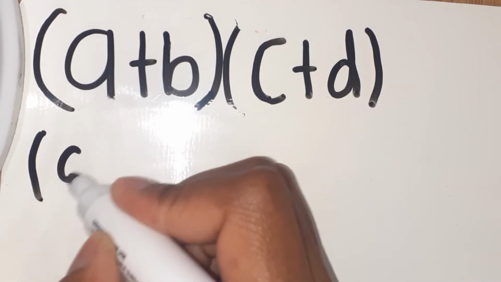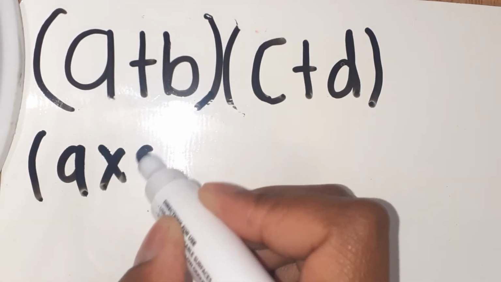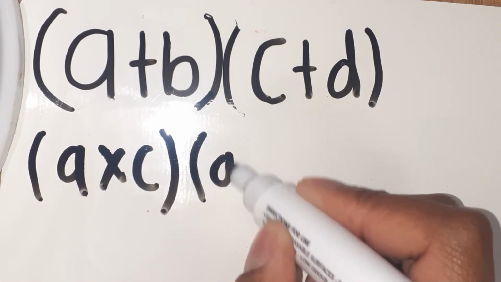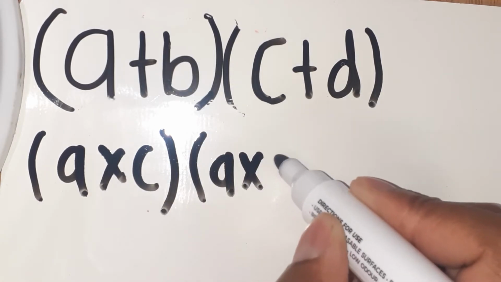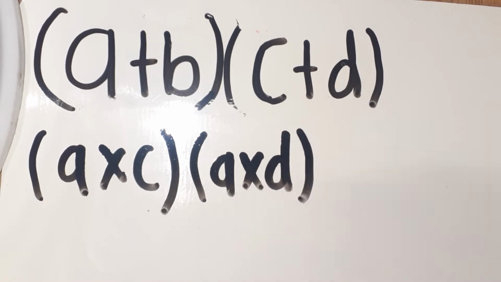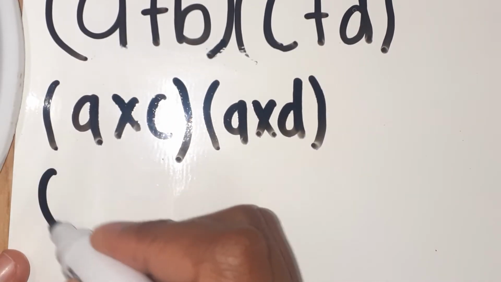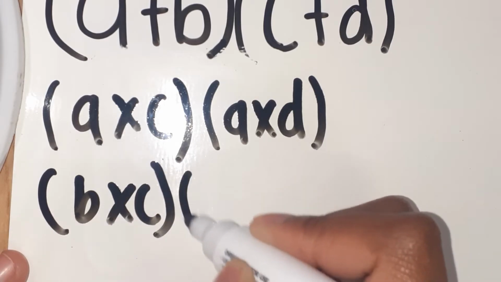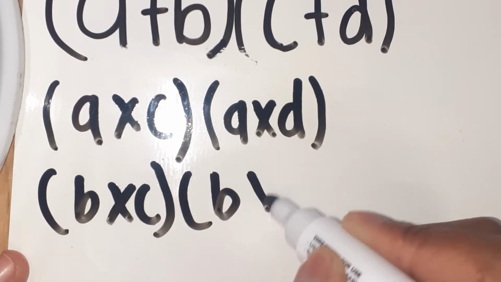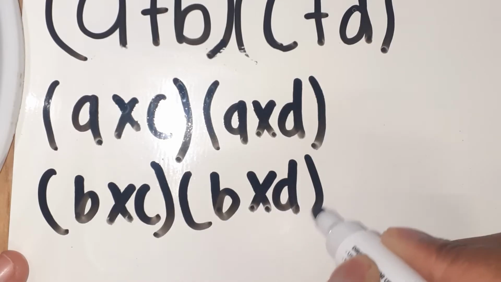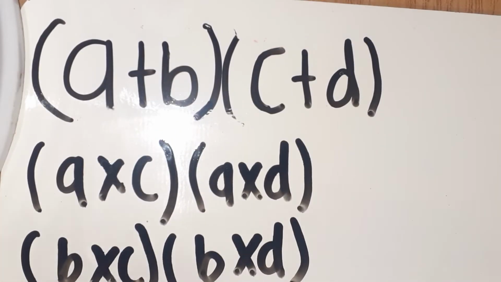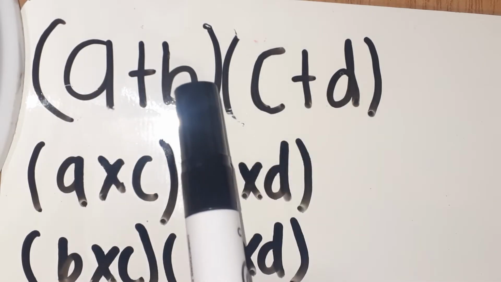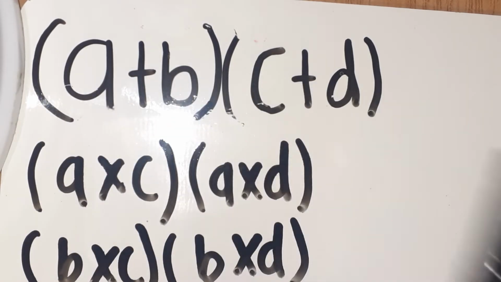Now we will have a times c, and then we will have a times d, and then we'll also have b times c, and we'll also have b times d. So this is a times the c, a times this d, b times c, and b times the d.